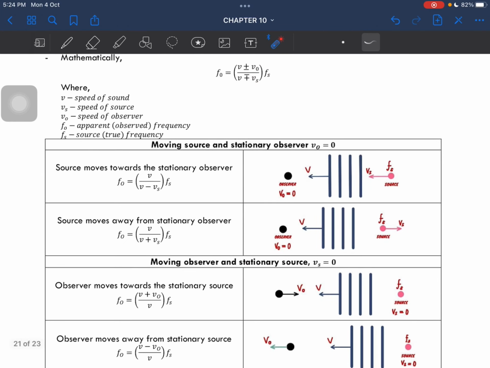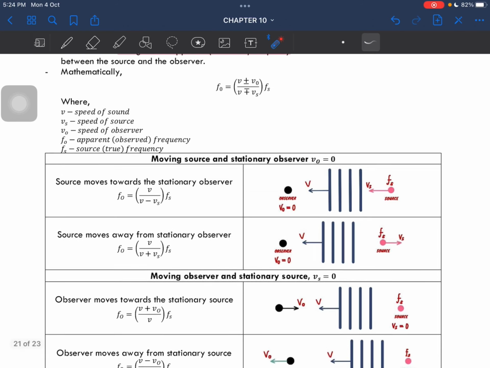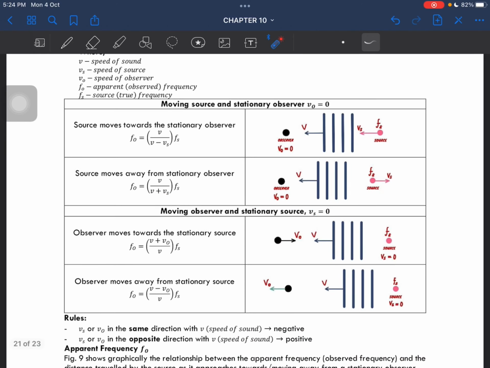Okay, so let's look at when the source is moving and the observer is stationary. If the source is moving towards the stationary observer, the equation is like this. We are going to use V minus Vs. So why is it minus? Why are we using minus?